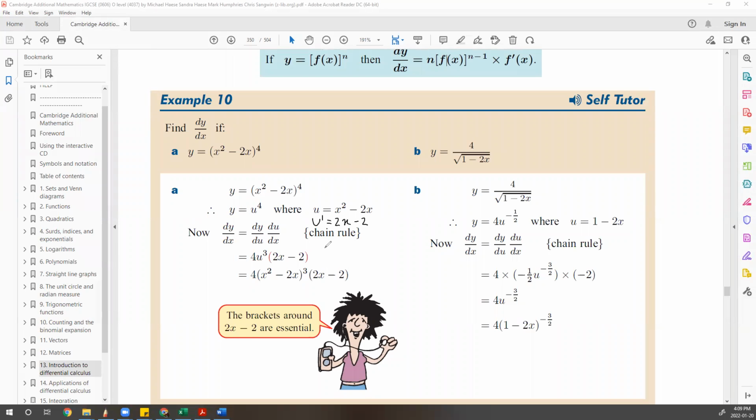So the formula of dy/dx is n times u power n subtract 1 times u accent, and it's the same, see? And then after you do this, you need to change the u back to its original function. So n is 4, (x squared minus 2x) cubed, 4 minus 1, times 2x minus 2.